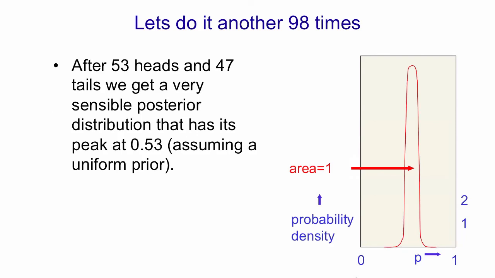It'll have its mean at 0.53, because we started with a uniform prior, and it'll be fairly sharply peaked about 0.53, but it'll allow other values, like 0.49 is a perfectly reasonable value under this curve. Not quite as likely as 0.53, but very reasonable, whereas a value like 0.25 is extremely unlikely under this curve.